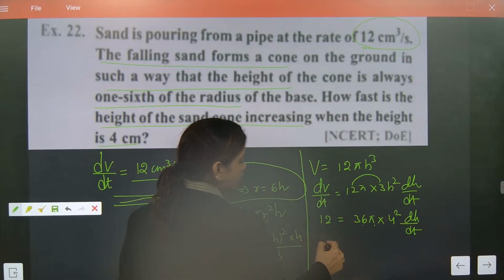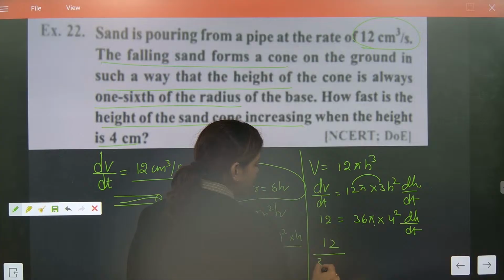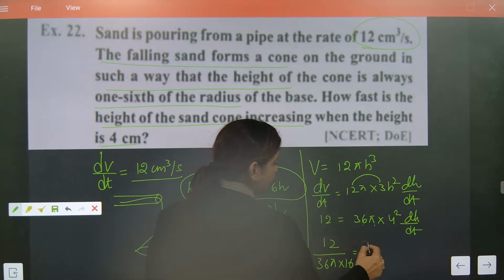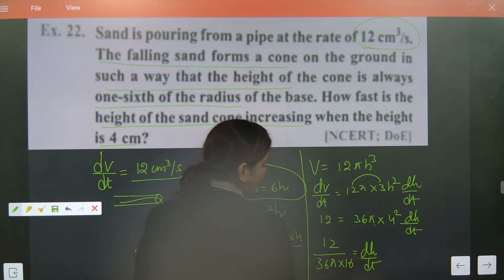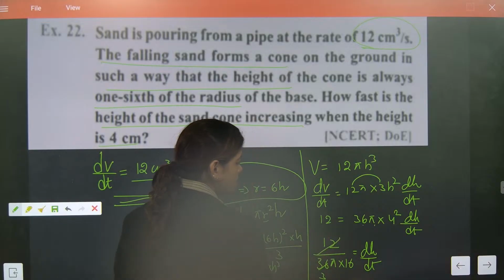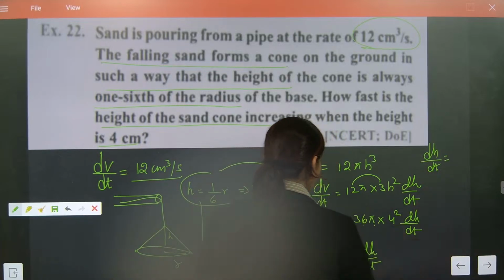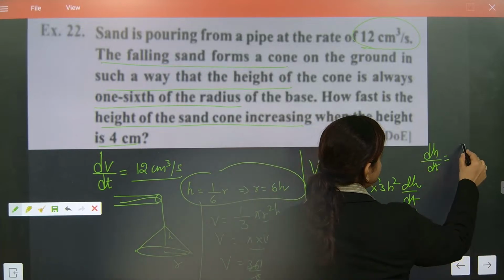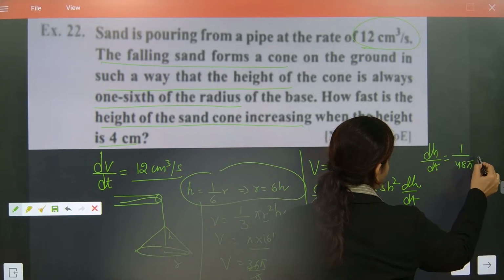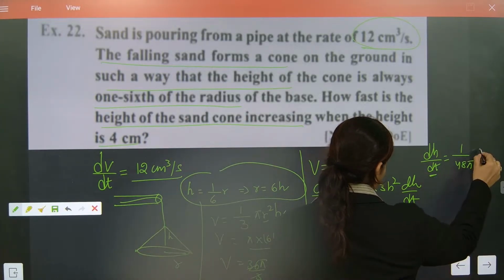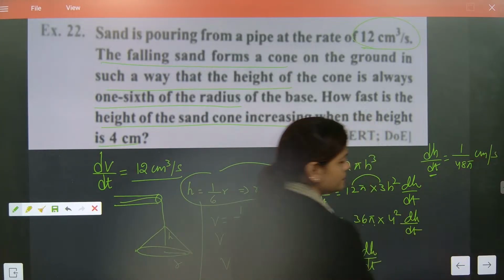Now here it will become 12 by 36 pi into 16 is equal to dh by dt. 12 3s are 36. Correct? So here how much is it coming? dh by dt is equal to 1 by 48 pi, 16 3s are 48, centimeter per second. Understood?